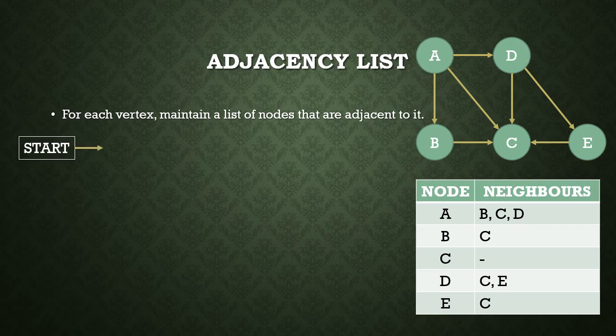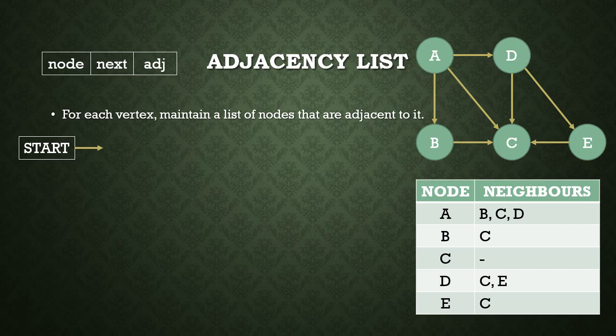Now, I have a start pointer. It points to nodes of the graph. And each node is placed in a data structure. It has three fields: the node name, the next pointer, and the adjacency list pointer.